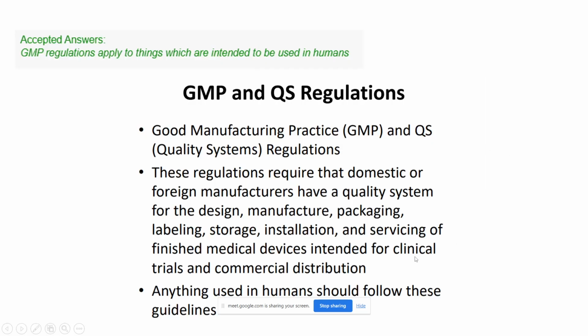GMP, or good manufacturing practices, and QS, or quality system regulations, require domestic and foreign manufacturers to have a quality system for everything, that is design, manufacture, storage, installation, everything that is intended for clinical trials and commercial distribution, and anything to be used in humans should follow these guidelines.